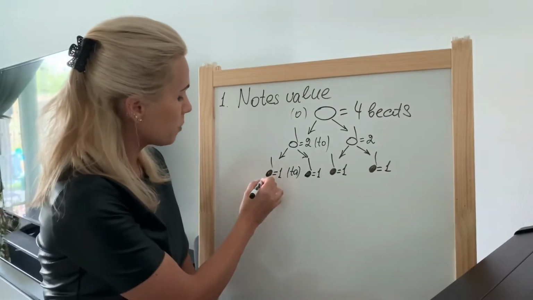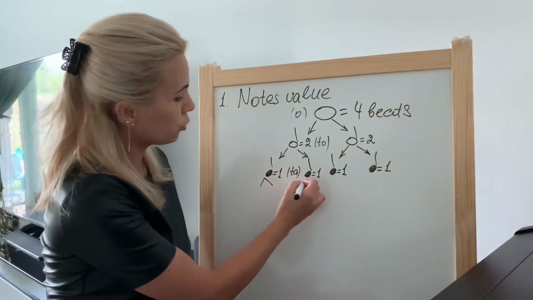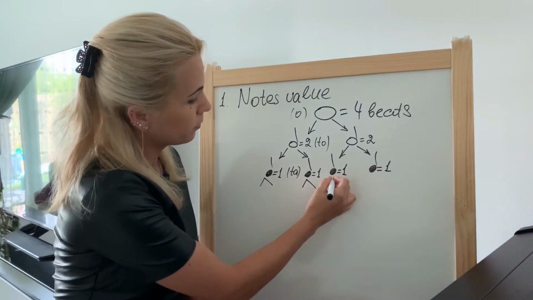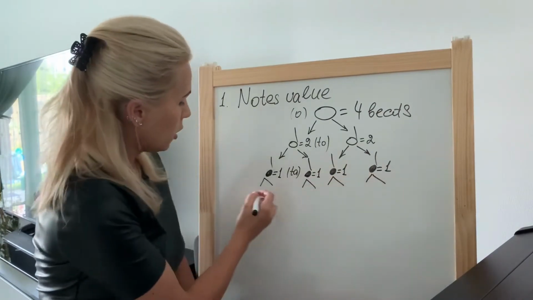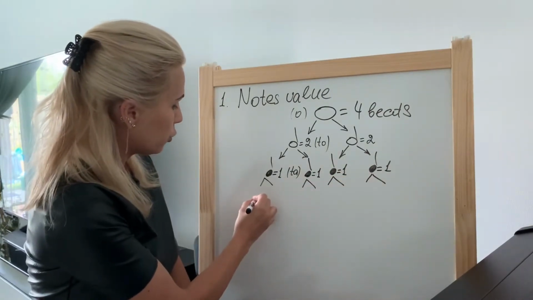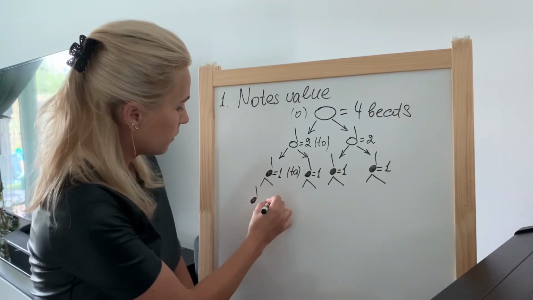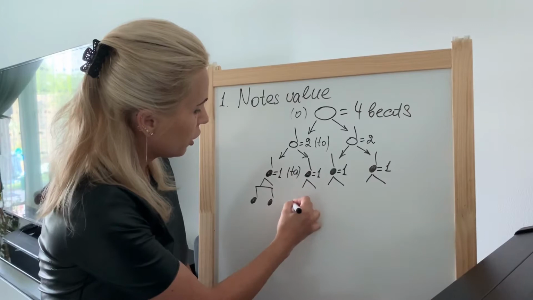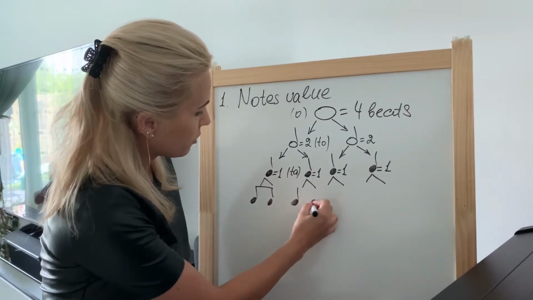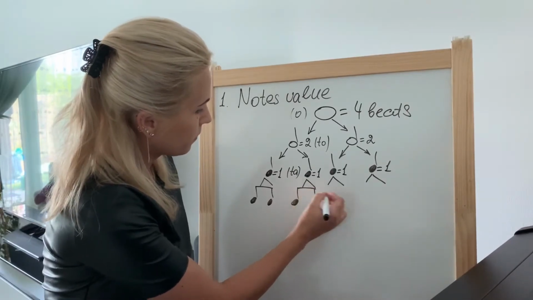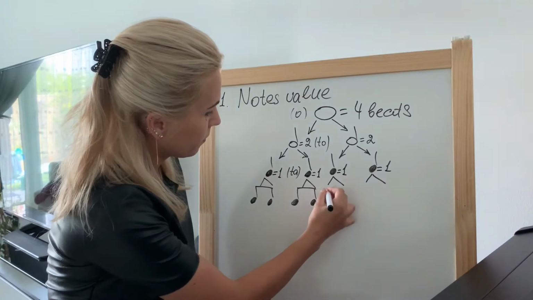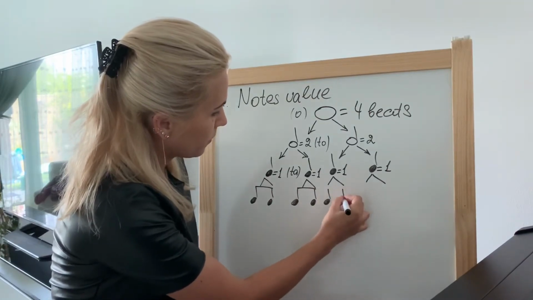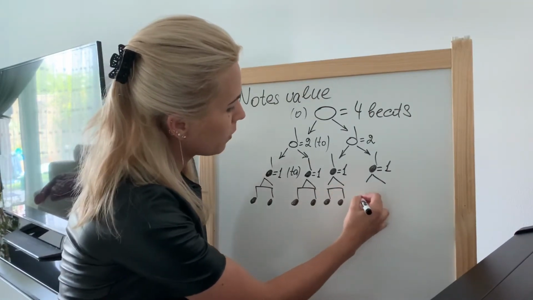Now, if you split each ta into 2, we will get 2 titi. Each of them will have 2 titi, two quavers.